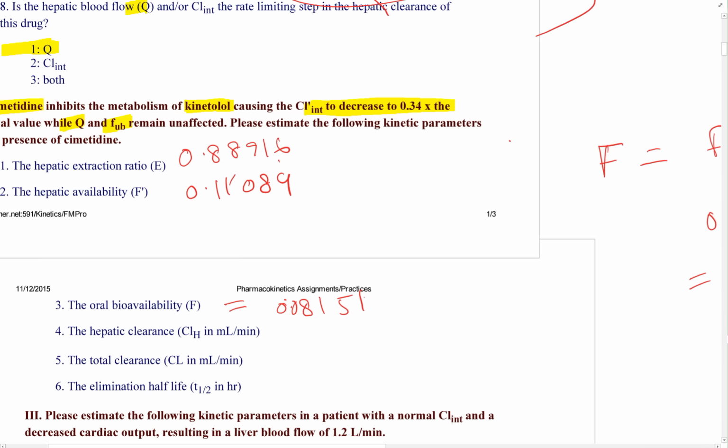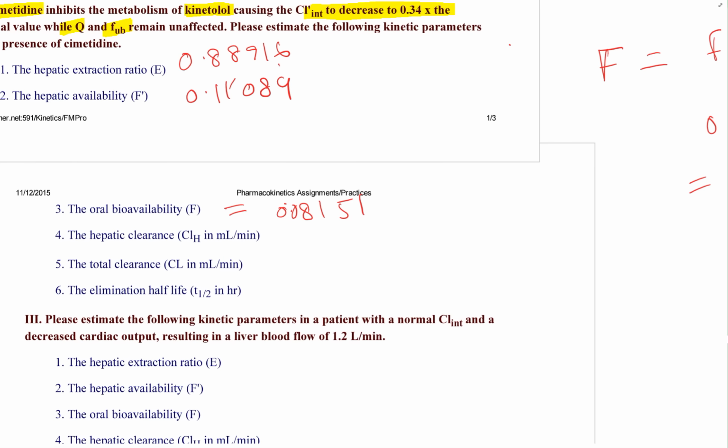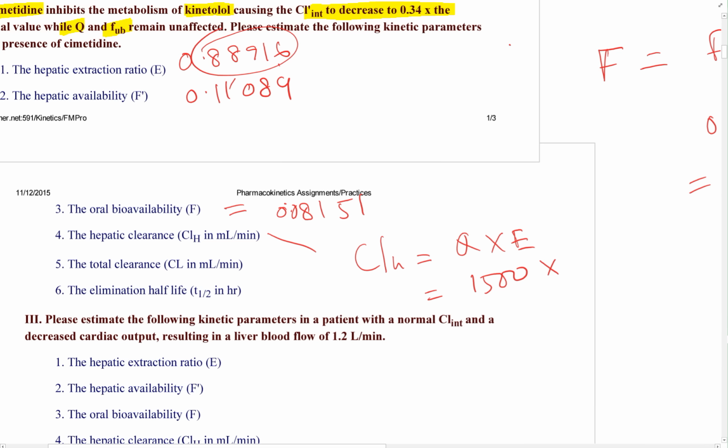And now hepatic clearance. We have to calculate hepatic clearance. We know that CLH is equal to Q times E. We know Q has not changed, which is 1500, and we know the new E. The new E is 0.88916.